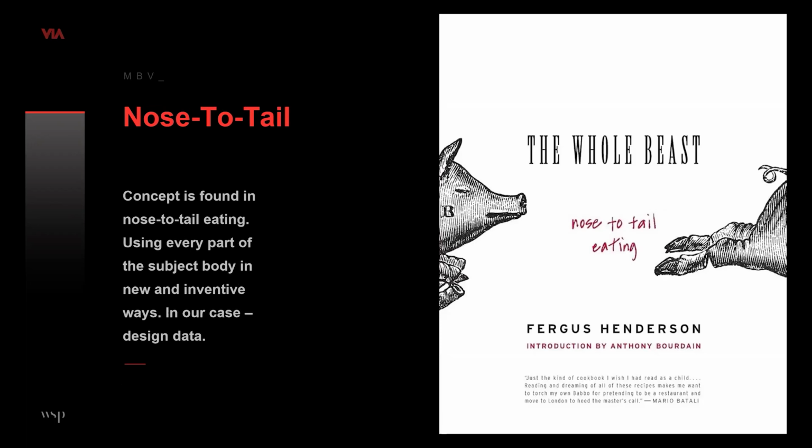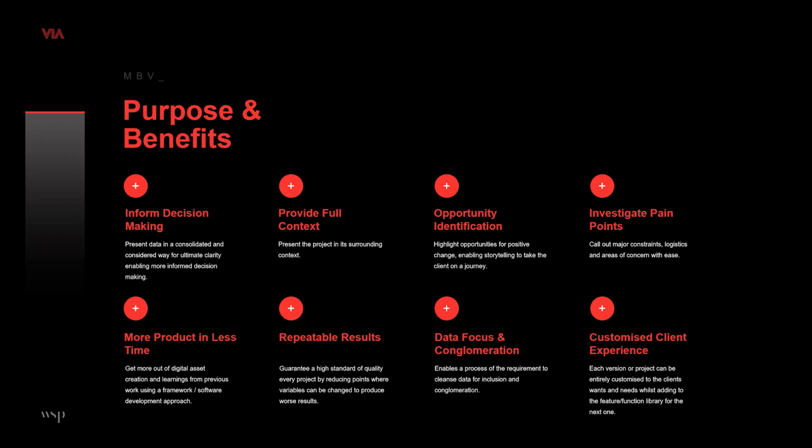Why we use this is to inform decision making and gain more insight, for the ends of maybe program surety, cost savings, even basically giving as much info to the client and the design team as possible, where they can investigate pain points and bring lots of disparate data together.